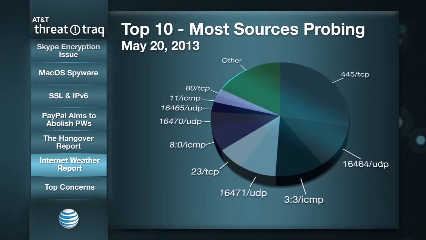And the last item here is looking at the top 10 most sources probing, and as usual, port 445 gets the top slot. We see the ZeroAccess botnet P2P activity showing up in these ports that are in the 16,000 range, and the only other ones that really show up as being significant are port 23 TCP, that's telnet password guessing activities, and port 80 TCP.